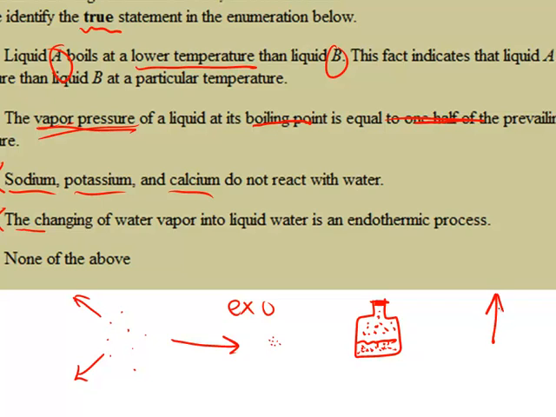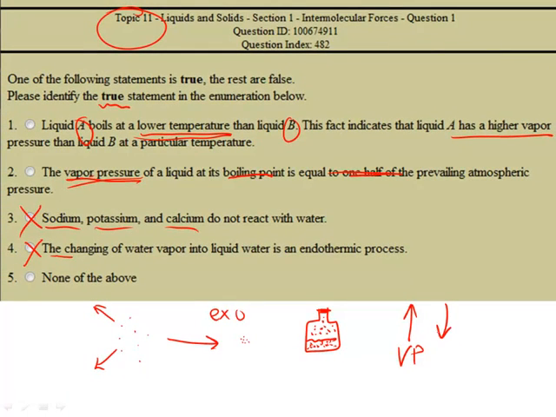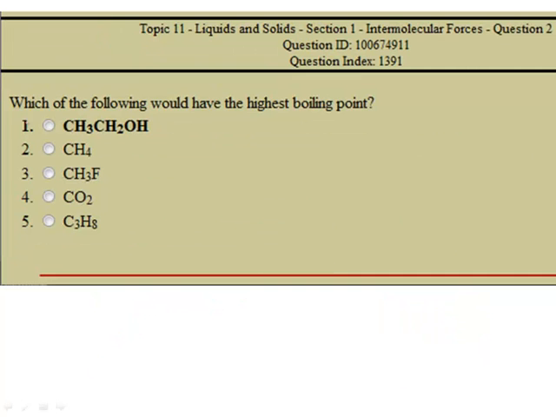So if it has a higher vapor pressure, that means that the particles are going to fly apart more easily, so it's going to boil at a lower temperature. Higher vapor pressure, lower boiling point. That is correct. There we go. A is the one, number 1 is the one you would click. Of course, your question may look a little bit different than that, but hopefully that clarified a few things.